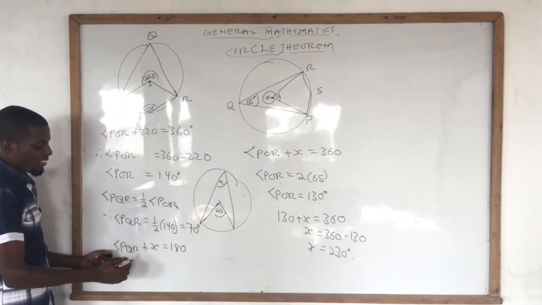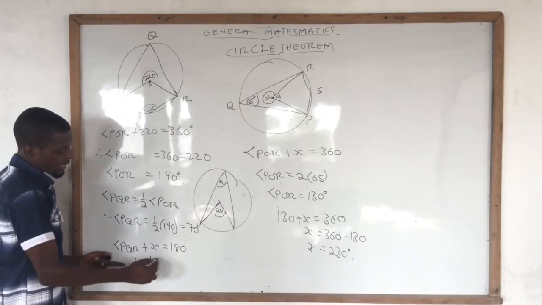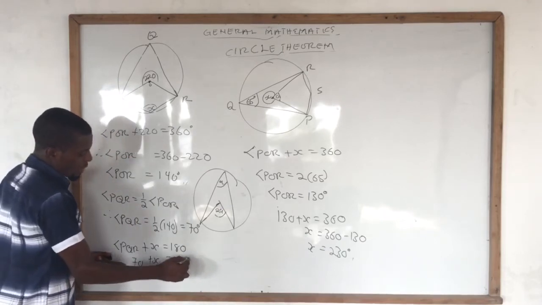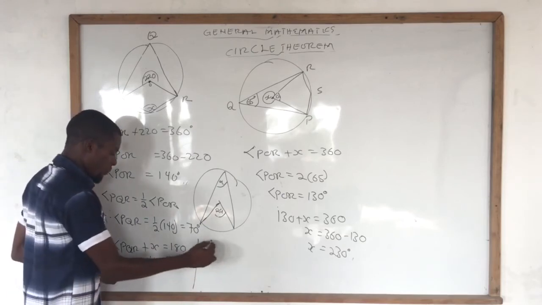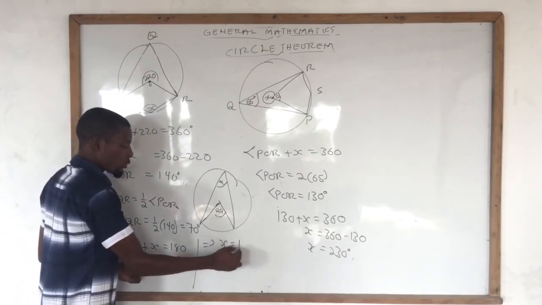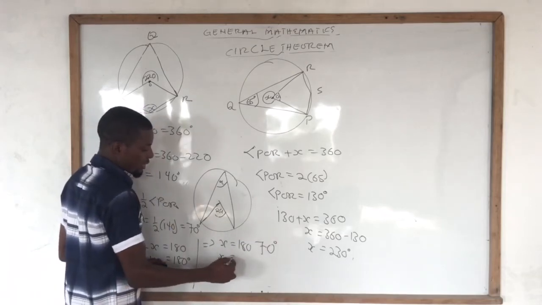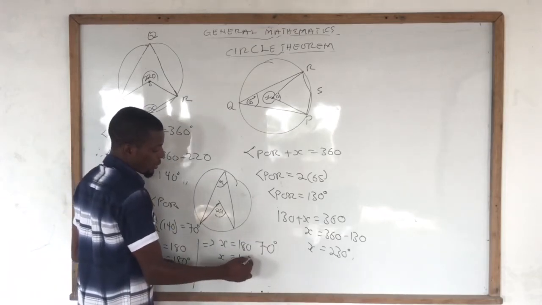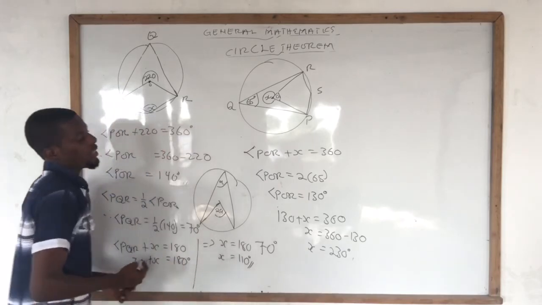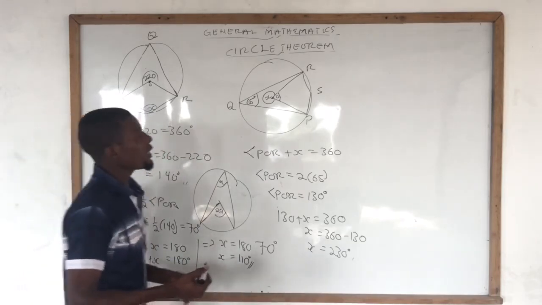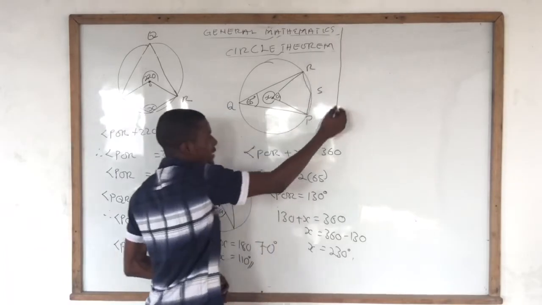But this is 70. So I have 70 plus X equals 180 degrees. This implies that my X is going to give me 180 minus 70 degrees. So my X is going to give me 110 degrees. Right?